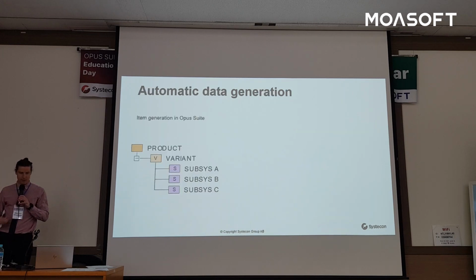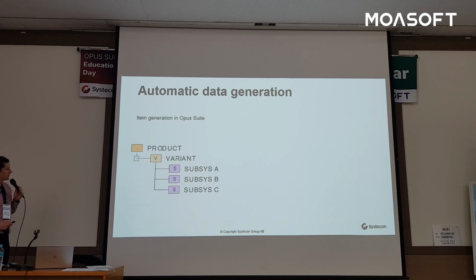Okay. Some words on automatic data generation as well, which could be another approach on a very early phase analysis with OPUS Suite. Simple variant here of our product. Let's say that we're in a conceptual phase of building a new system. And we think that our system is going to contain 3 different subsystems.